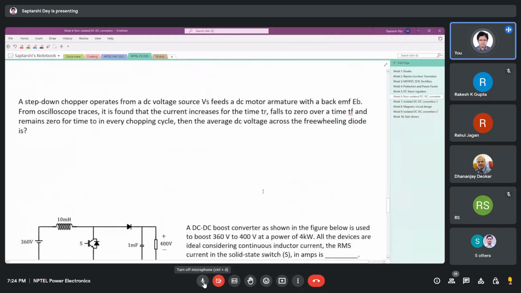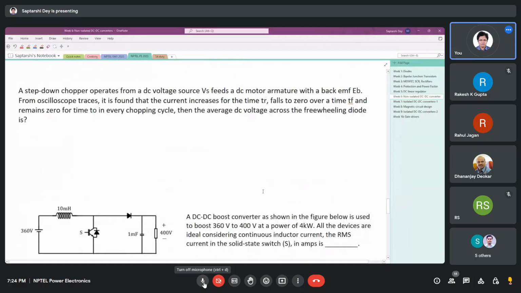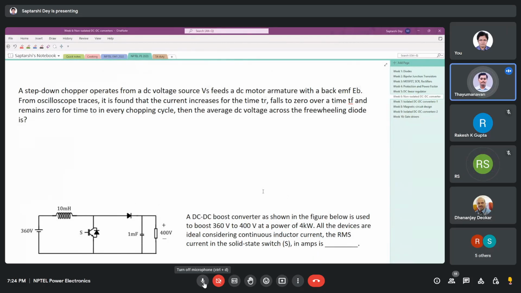Okay, should we start the problems then, or do you have some more doubts? Sir, I have a doubt in the present live assignment 6, question number 6. They have given the slope of the buck boost converter.